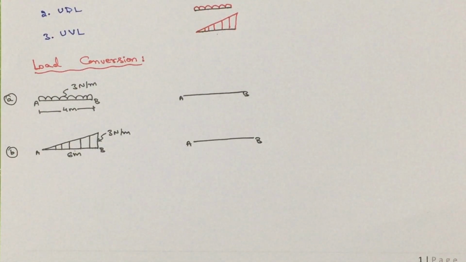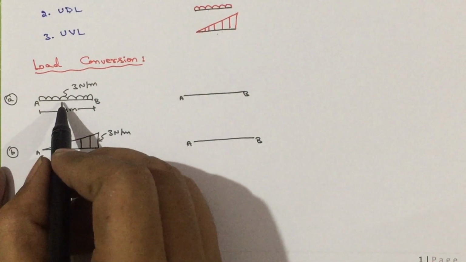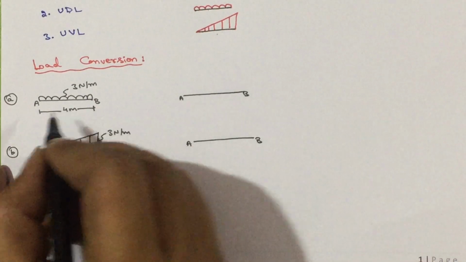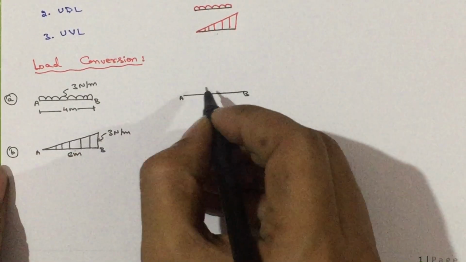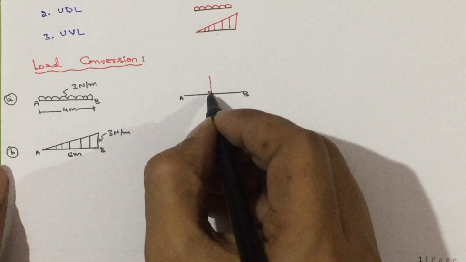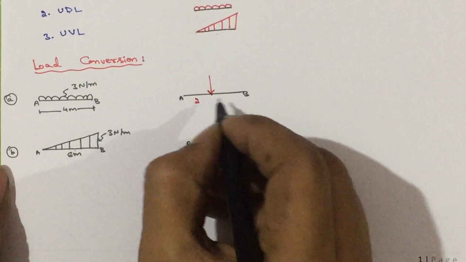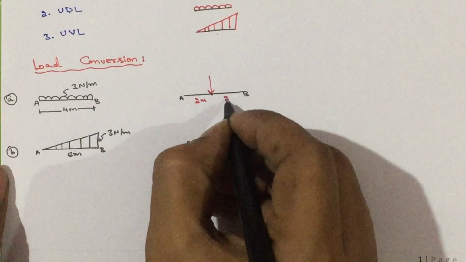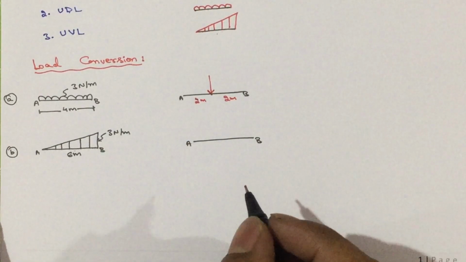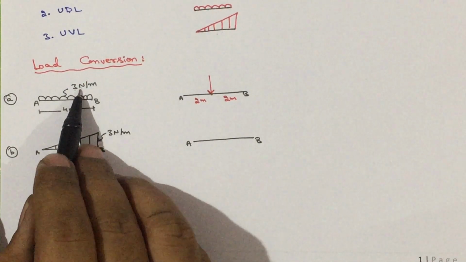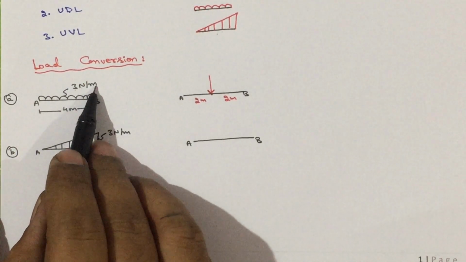Where and how much. So, UDL will be converted into point load and it will be acting at the center. Since it is 4 meter, it will act at 2 meter. Write down this side 2 meter, this side 2 meter, and it is 3 Newton for 1 meter.